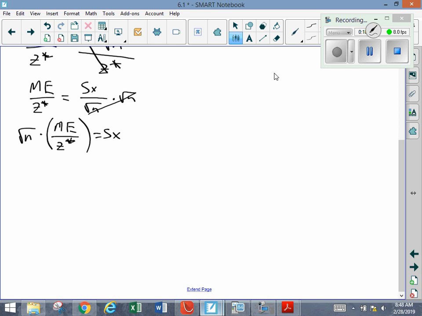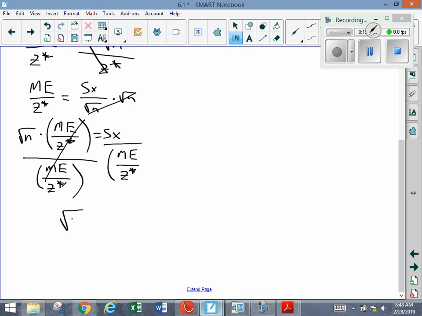Alright, now I need to get this over here, so I'm going to have to divide both sides by it. So I'll cancel out. Square root of n is going to be my standard deviation divided by my margin of error divided by my critical value.